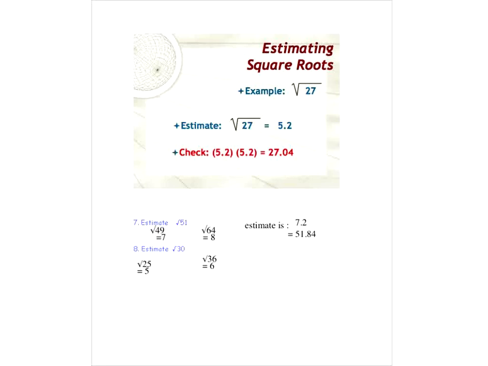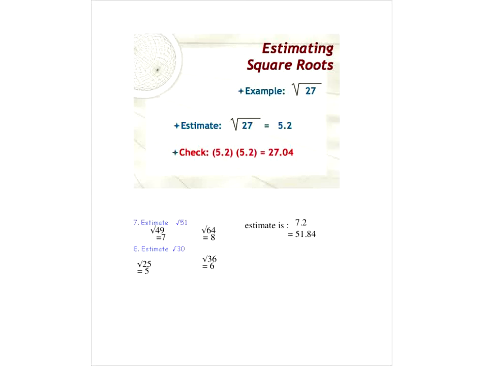Do you guys think that 30 is closer to 25 or 36? Okay, it's a little bit closer to 25, but just a bit, right? So would you say that it's pretty close to both? That's fair to say, right?